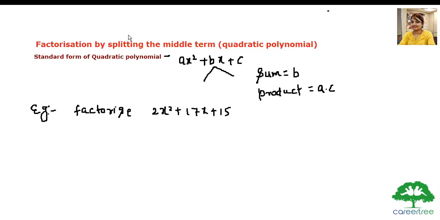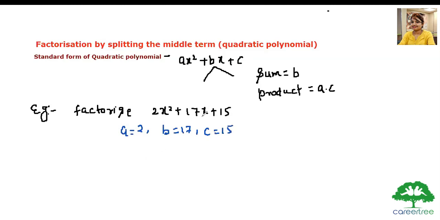First, you need to compare this polynomial with the standard form of a quadratic polynomial, which is ax square plus bx plus c. Here we can see that a equals 2, b equals 17, and c equals 15.